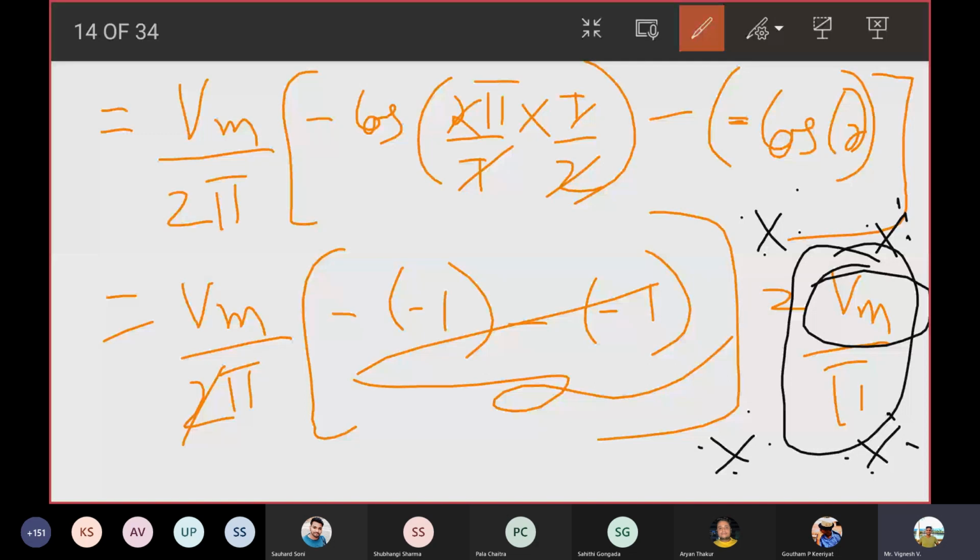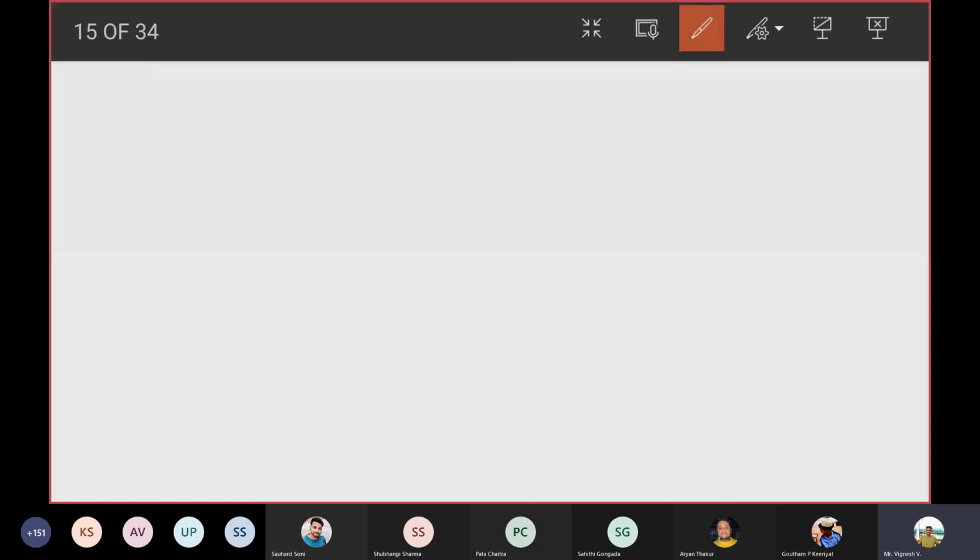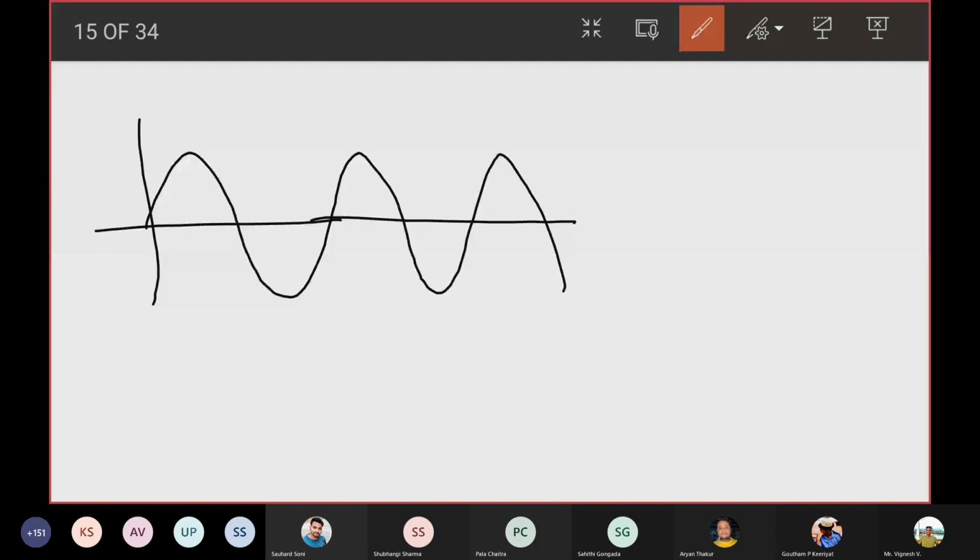Say, for example, let me explain that. If you're giving an input with a peak to peak of 10 volts, this is what I mean. I'm on slide number 15. I hope you can see. Yes, sir.